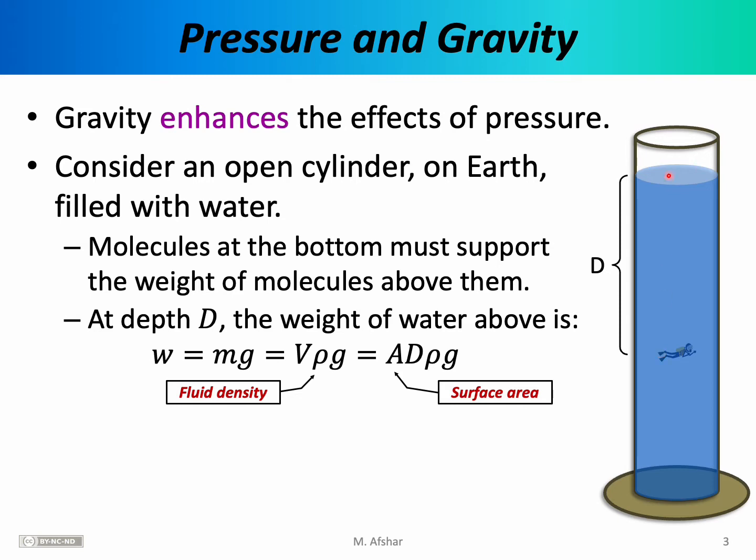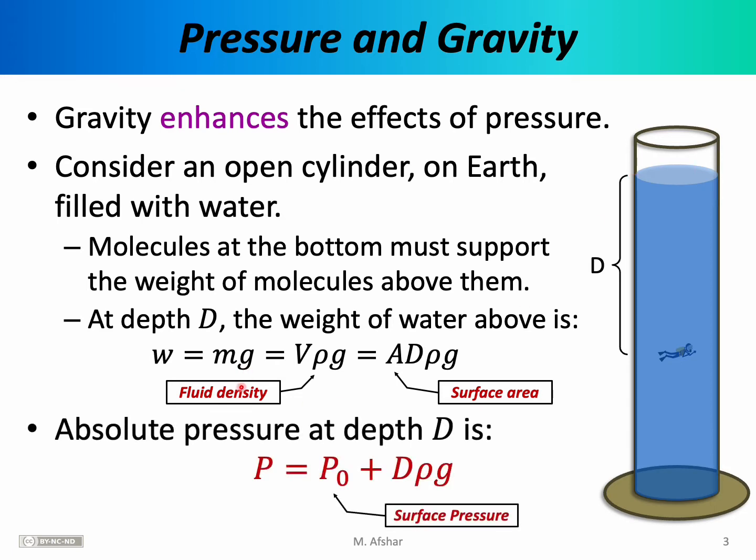Of course, if the container is open at the top, we should also consider the pressure of the ambient air or the atmosphere that might be present. So finally, we can say that the absolute pressure at some depth d is equal to whatever the surface pressure is plus the depth that we're interested in times the density of the fluid times gravitational acceleration.